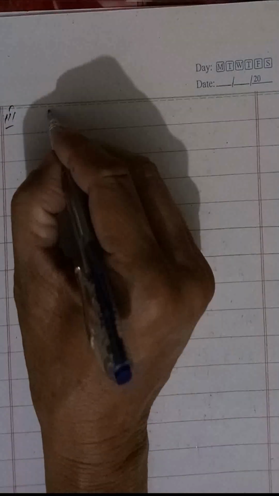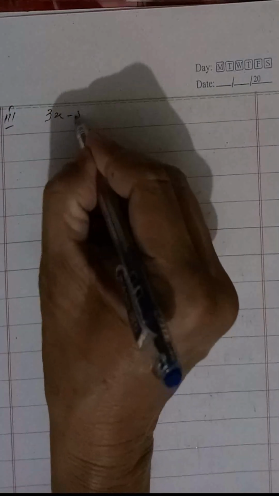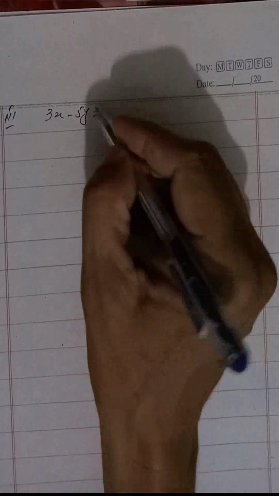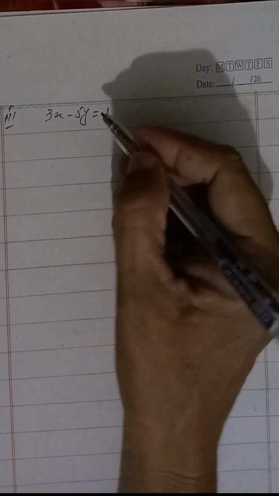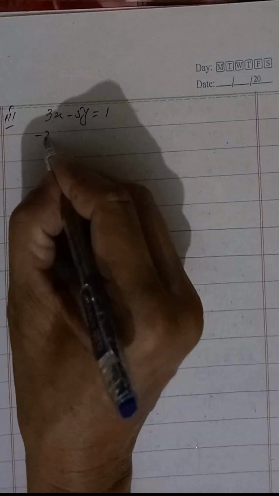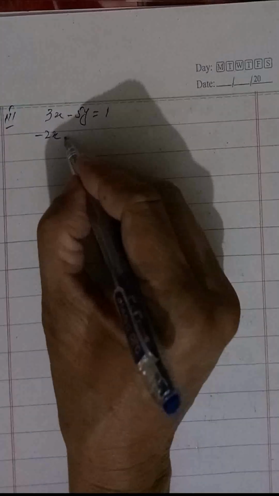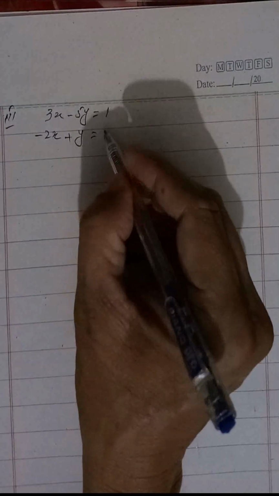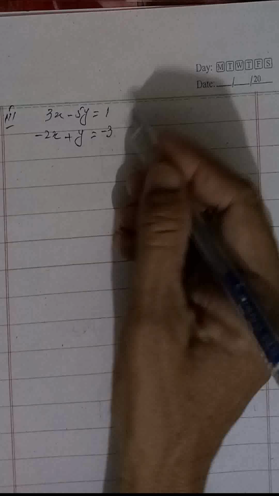Third part, which is 3x minus 5y is equal to 1, and the second is -2x plus y is equal to -3.